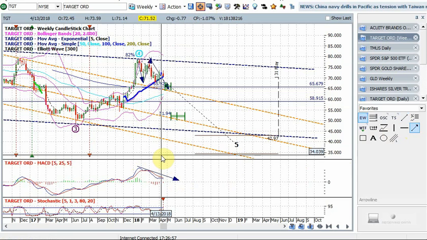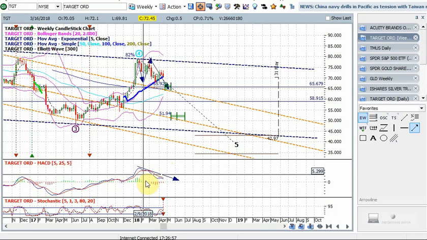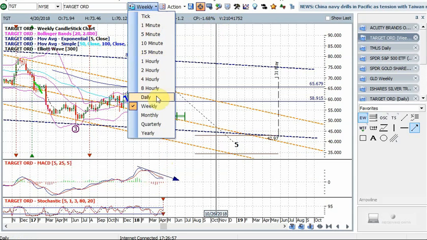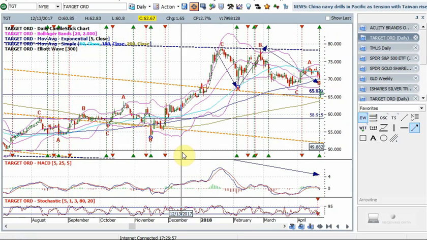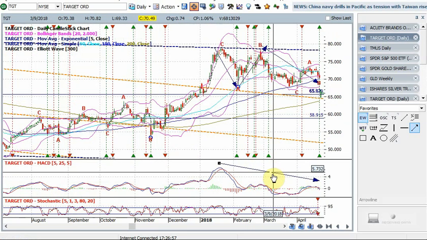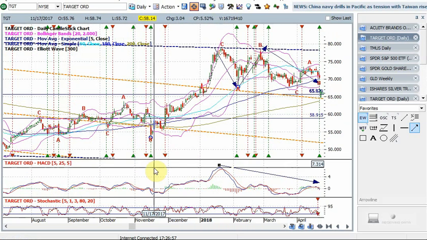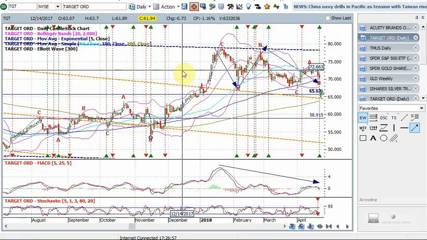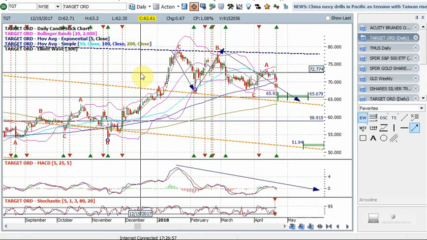So we are established in a lower trend on the smaller time frame. And again, that's the daily, and you can see the lower highs on the MACD.